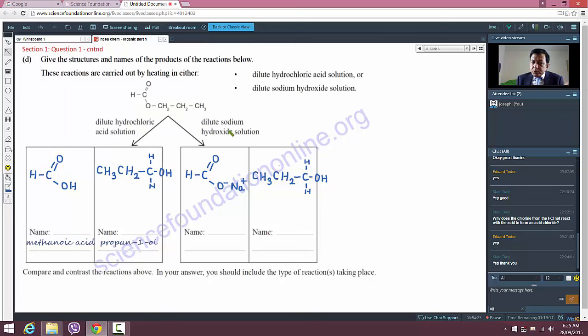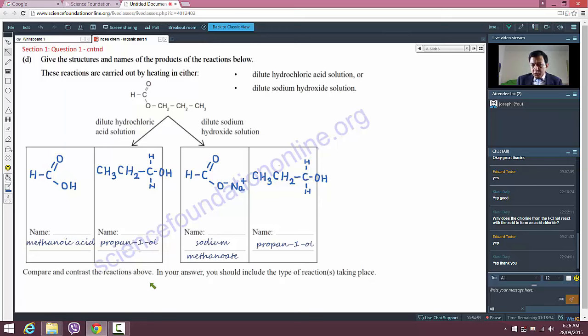And if you are using sodium hydroxide, you will get the sodium salt. So that would be called sodium methanoate. The important thing is you get the methanoate ion, not the free methanoic acid. Why? Because you can think of it as though base sodium hydroxide then reacting with the initial acid that gets formed. So you get here the name for this, sodium methanoate, and once again, of course, propan-1-ol. Okay. Any question up to there?